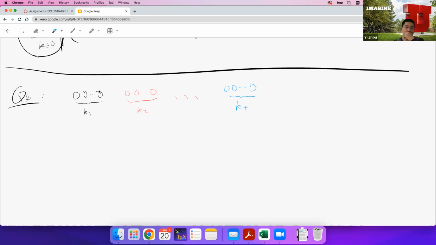And for each type of ball, for the i-th type, we have Ki of them. So for the black one we have K1, red one we have K2, and blue one we have KT. Maybe you have many other colors. And in total we have N of them.